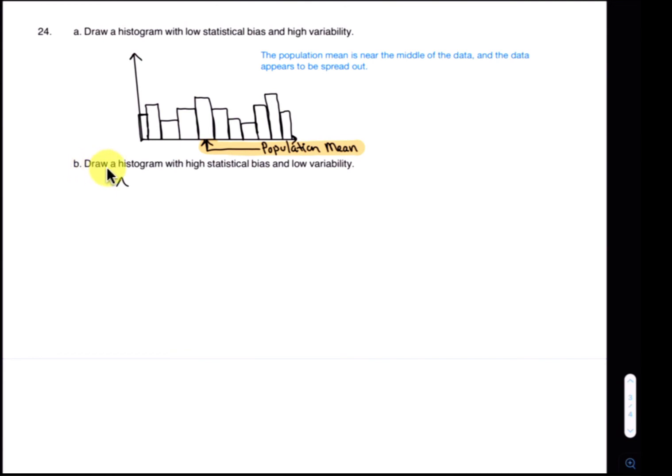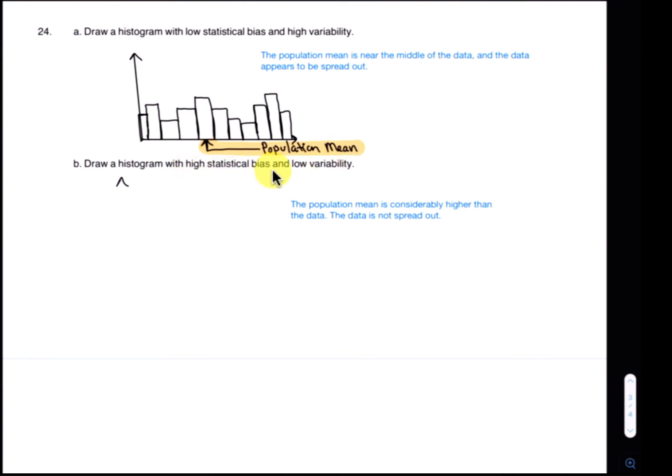Okay, and then B, draw a histogram with high statistical bias and low variability. So if it's high statistical bias, the population mean would be considerably higher than the data, and the data is not spread out because that has low variability.